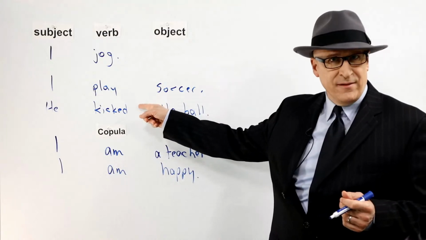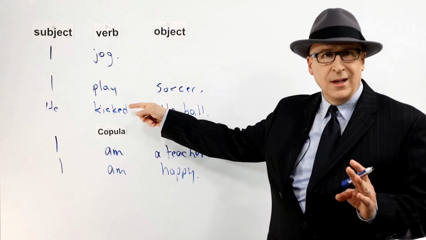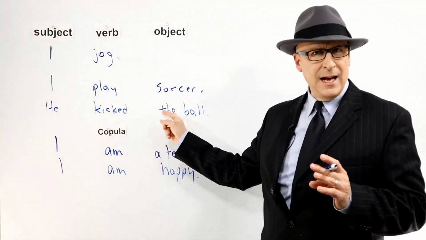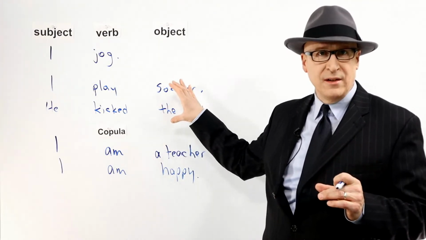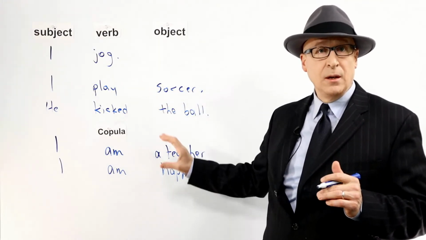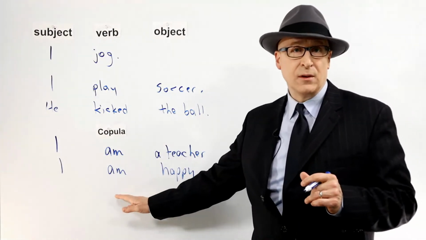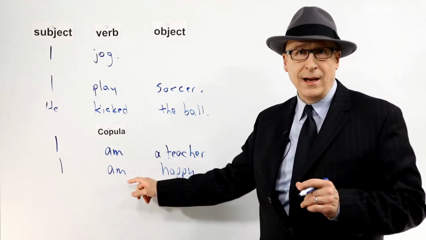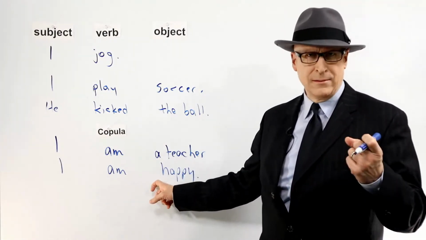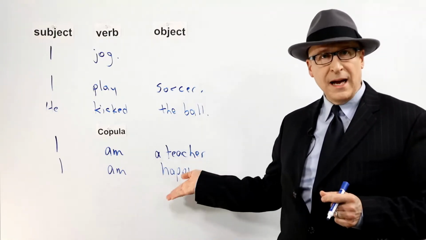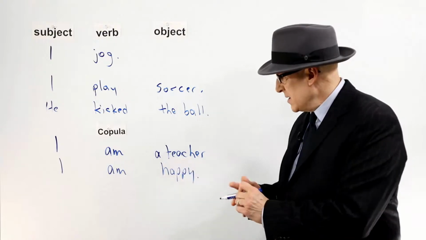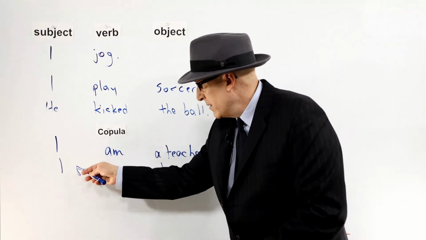But after an action verb, that's not possible. We can't say, he kicked happy. Doesn't work. We cannot put an adjective after an action verb. We can put an adjective after a be verb. We can say, I am happy, I am nice, I am angry, I am crazy, I am weird. Right? You can put adjectives after a be verb because they describe the subject.